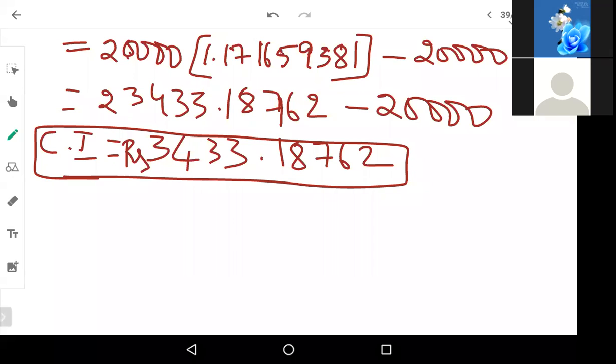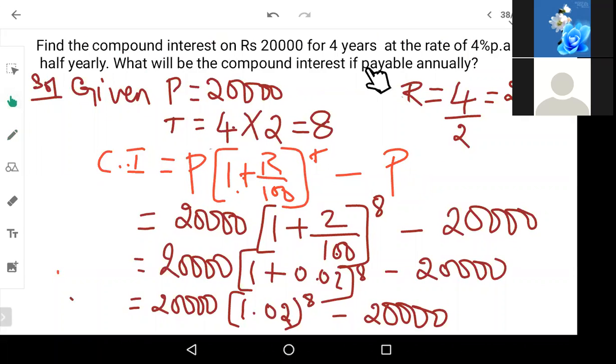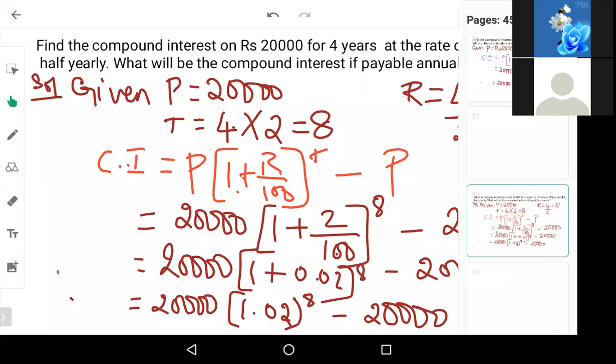Now let us calculate the same compound interest when it is done annually. See, first they have asked us to do it half yearly. Now the compound interest if payable annually. Now if payable annually means take the whole numbers, 20,000, 4 years, 4%. Okay, take the full numbers.